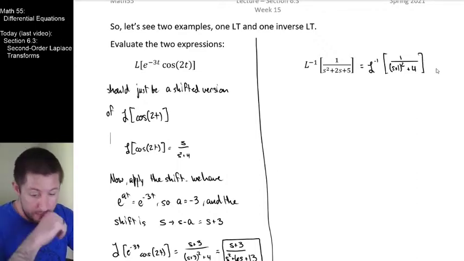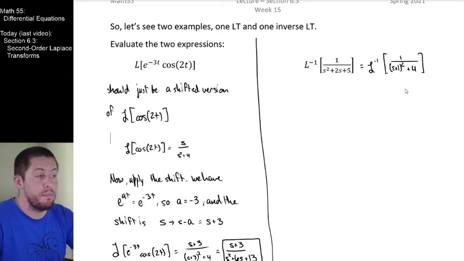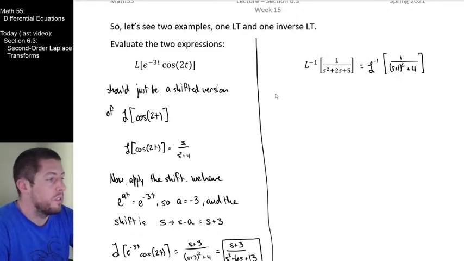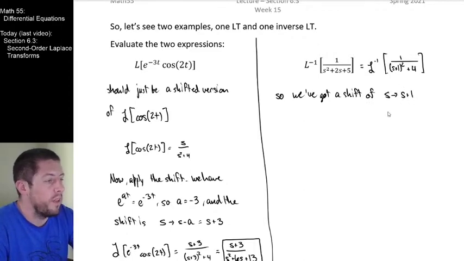So what I'm thinking to myself is, this is what I'm thinking of as my shifted version, because I'm seeing that s plus 1 that's sitting in there. So we've got a shift of s seems to be written as s plus 1, where we really know that this is like s goes to s minus a.